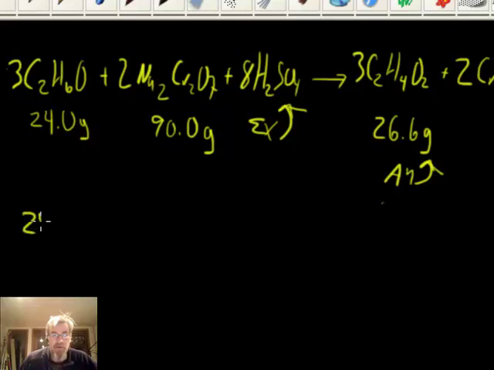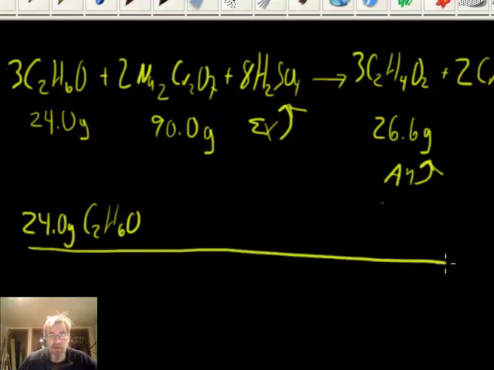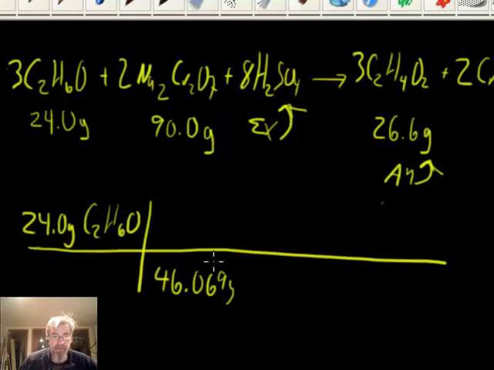Let's do that. 24.0 grams of C2H6O. I'm going to make that my starting point, and then calculate from there how many grams of sodium dichromate I need. I have to convert this into moles before I can do anything. So I'll use my molar mass, which turns out to be 46.069 grams per mole.